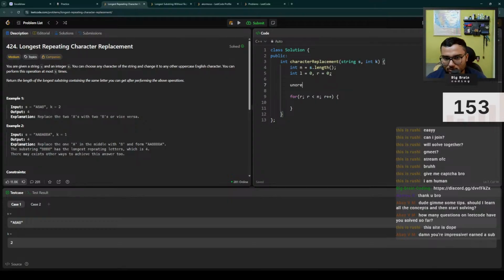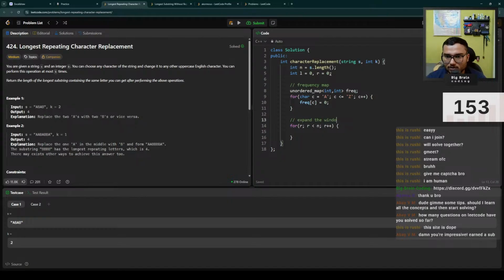I'll do an unordered map of int to int for the frequency of each char. Frequency map. Okay.